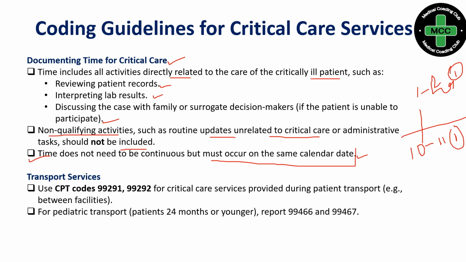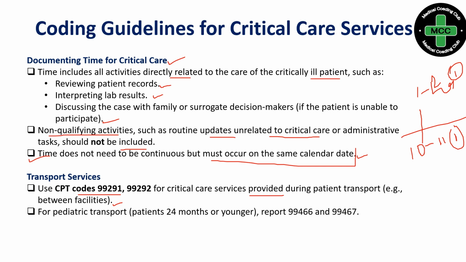And next, critical care during transport services. For general critical care we will be using 99291 and 99292, and the same for critical care services provided during patient transport, for example between facilities.